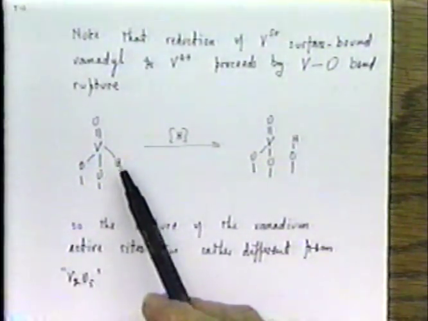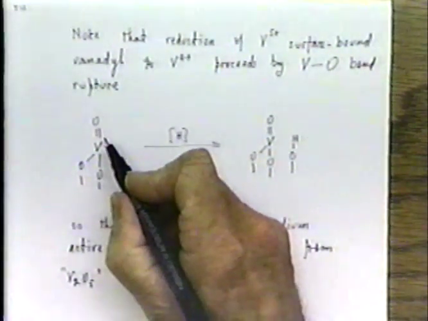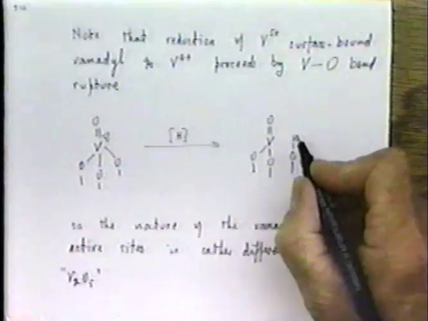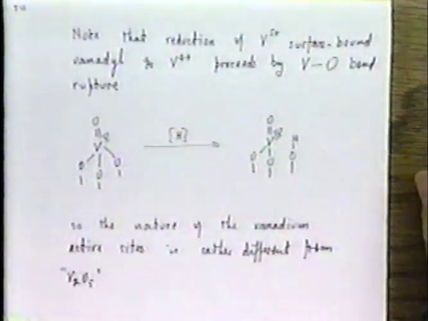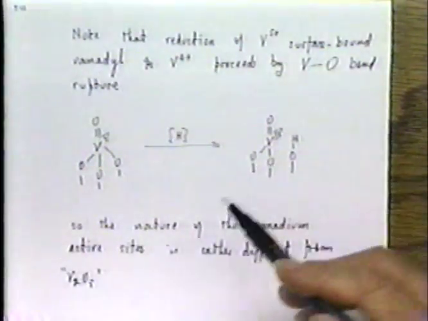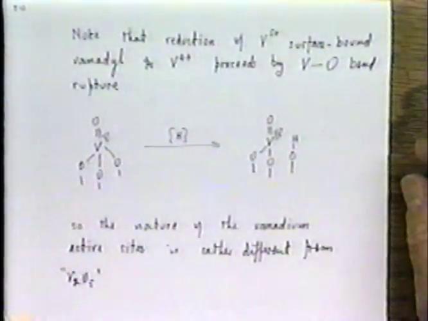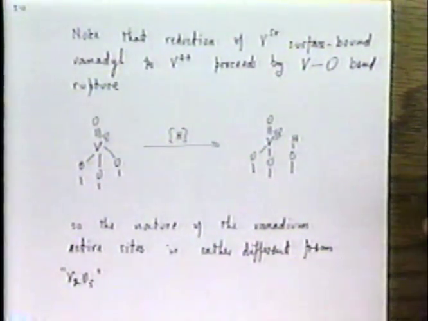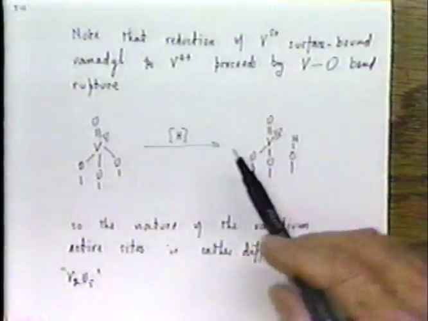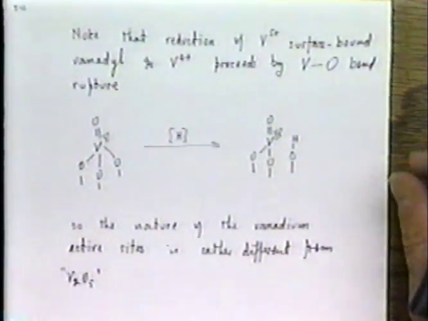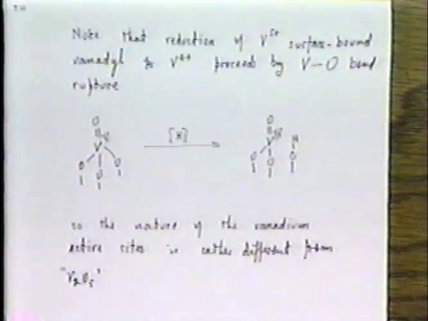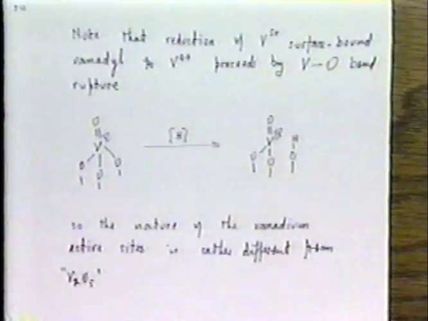But if one converted V5 here to V4, that change in valency of the vanadium would have to be accommodated via a change in the coordination number of the vanadium, and that would be brought about by the reductive process which reduced the V5 to V4. We'll return to say something more about that a little later.